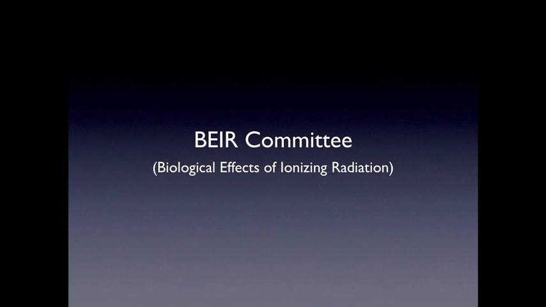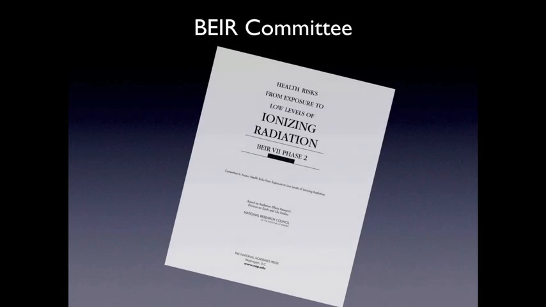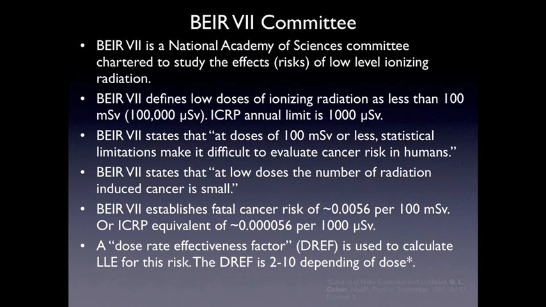Now, the BEAR Committee is, again, a protection group that is focused on protecting the public from exposure. And the BEAR Committee has published a paper recently, and like the ICRP paper, this has a lot of very valuable information in it. And here are many of the talking points from that paper, but I will highlight the most important that stands out relative to this discussion, which is at doses of 100 millisieverts or less, statistical limitations make it difficult to evaluate cancer risk in humans.